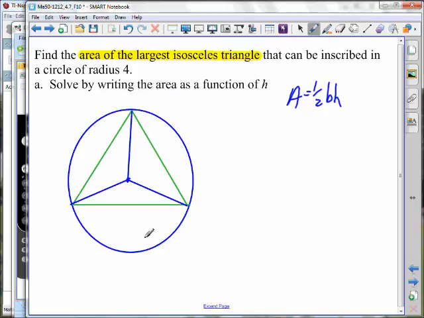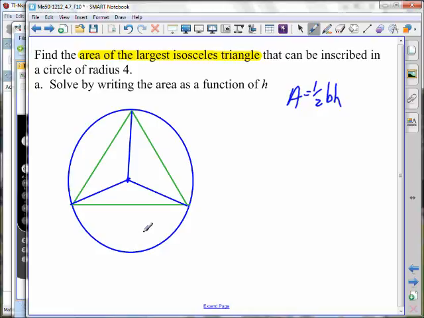What would you like me to draw here as h? Which of these segments would we probably want to see as h? Any of them? What is he saying no? Which one, or what do I need to do then?